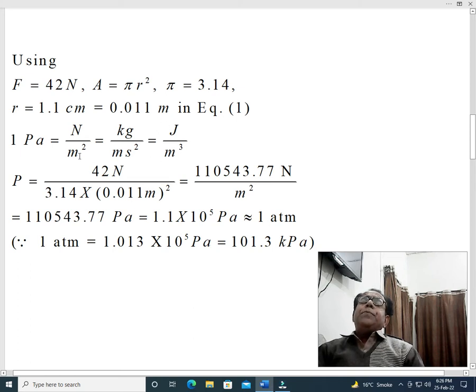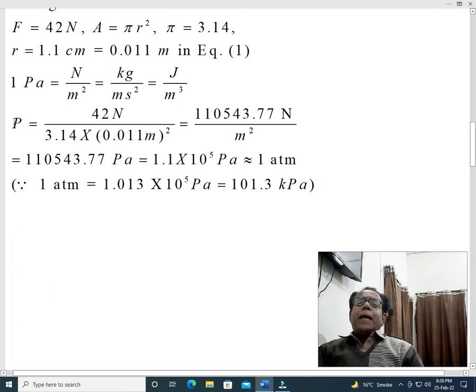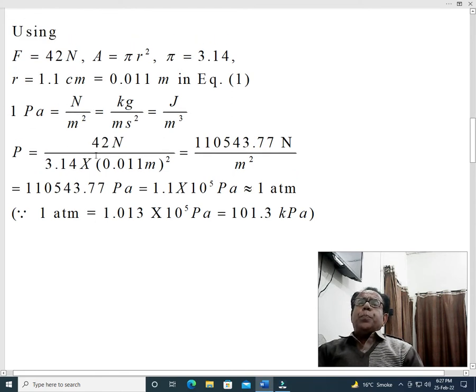We are concerned only with these two equivalent values of Pascal. So putting these values in equation 1, we get pressure equal to 42 Newton divided by 3.14 into the value of r, which we have converted from centimeter into meter, whole square.